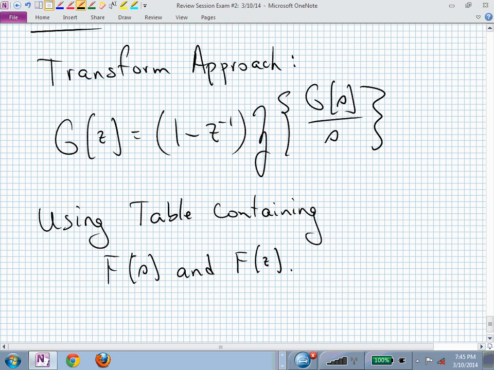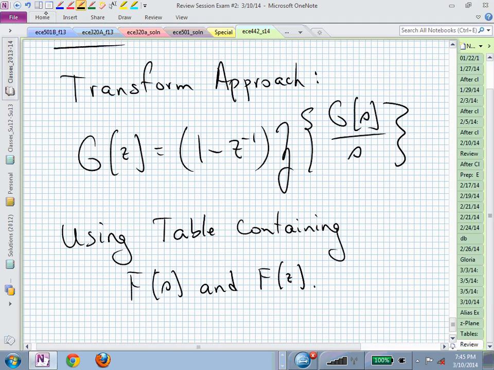Does that table automatically take into consideration the over s? No, that's a good point. The question was, does the table automatically take into account the over s? No, you have to explicitly put that s in there and then find where you belong in the table.